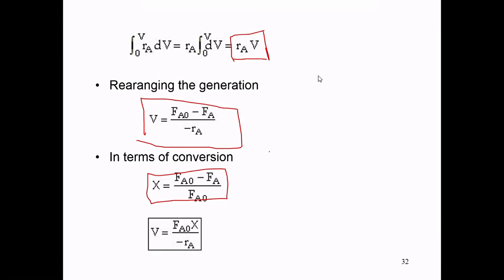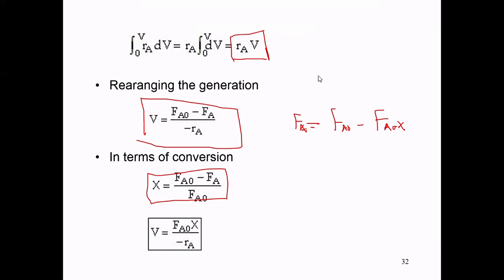And similar to it, we know that FA is equal to FA naught minus FA naught X. This is the change in concentration of the reactor.